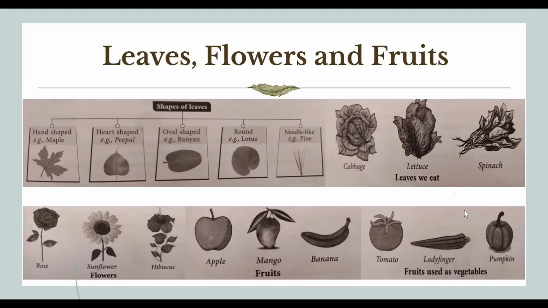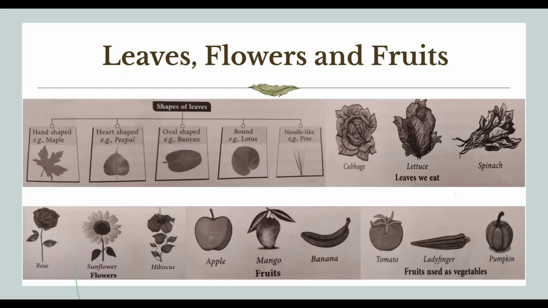Now, these are fruits which are used as vegetables. Tomato, ladyfinger, and pumpkin. I know about tomato, but I didn't know about ladyfinger and pumpkin. Yeah, that is also given.